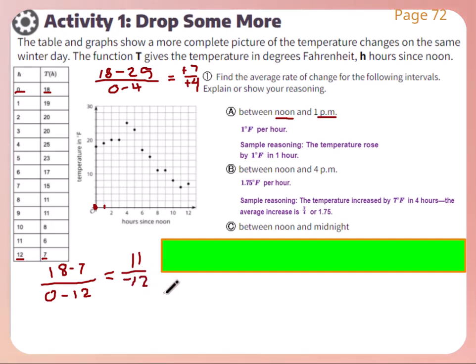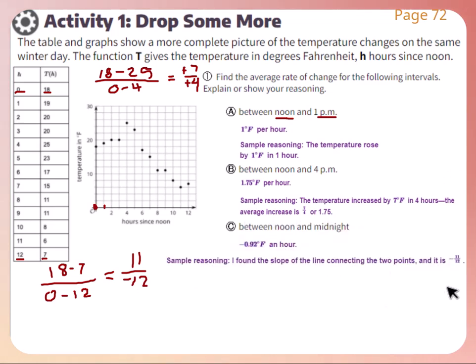So simplifying that, we get negative 11 over 12. Okay. So the slope connecting these 2 points, we're not looking at all of them, just this point and this point, is negative 11 over 12.